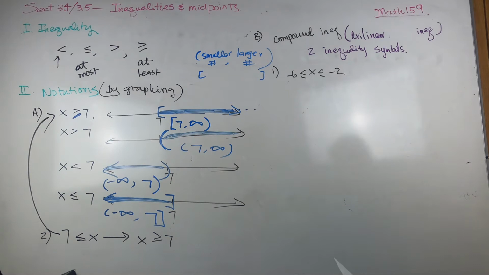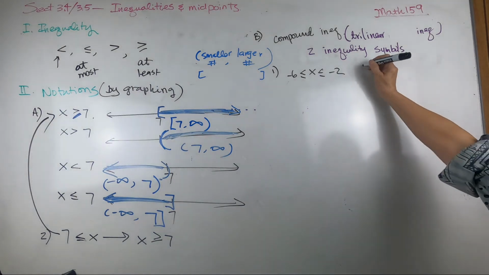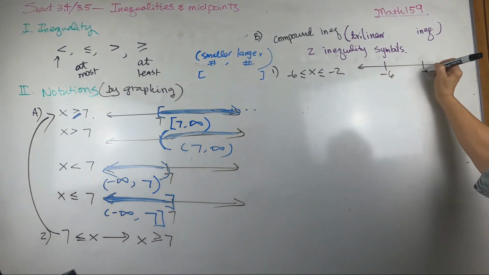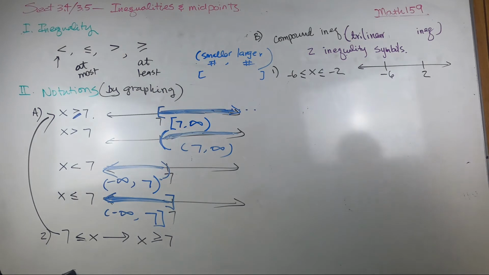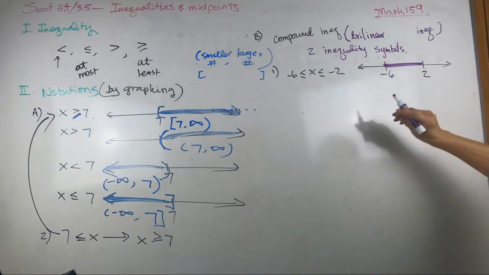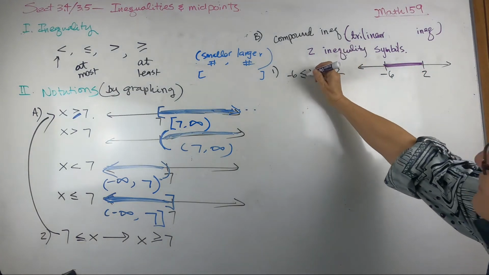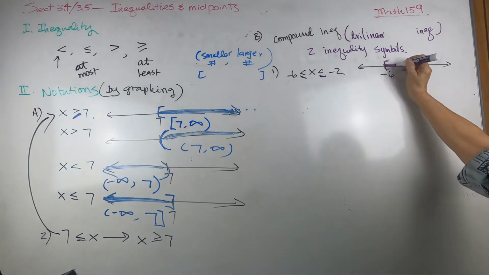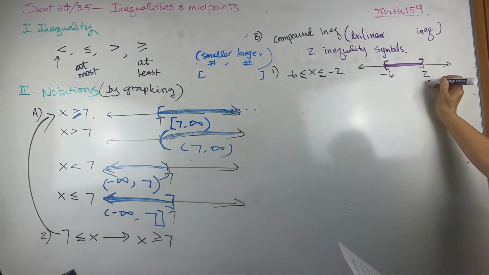So what do we need to do if we graph it? How does it look on the number line? It's between -6 and -2, and x is in between, so you highlight here. The endpoints are inclusive, with an equal sign, so you use a bracket.